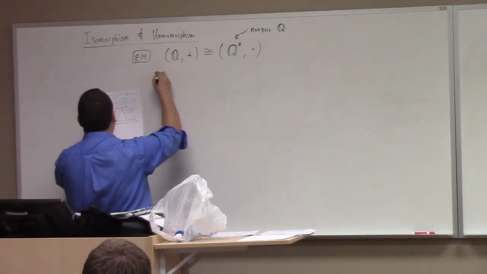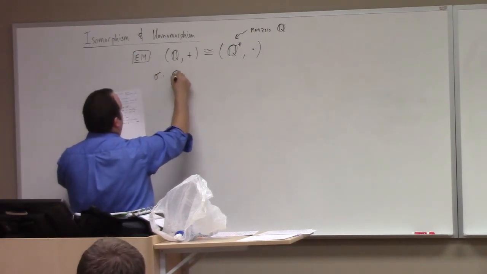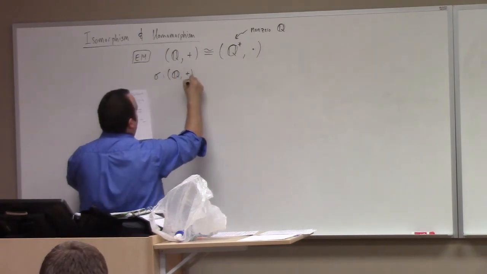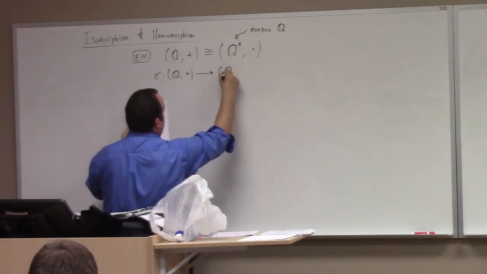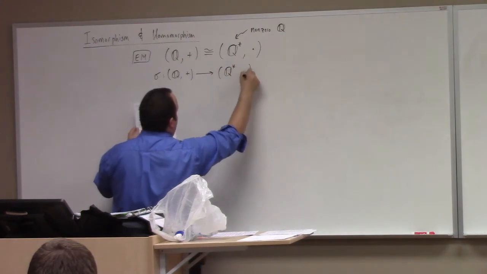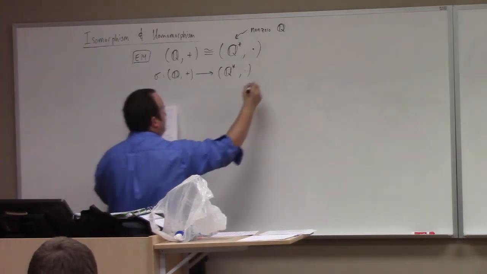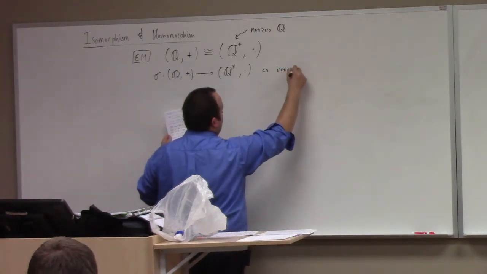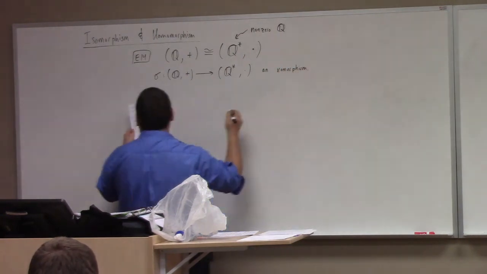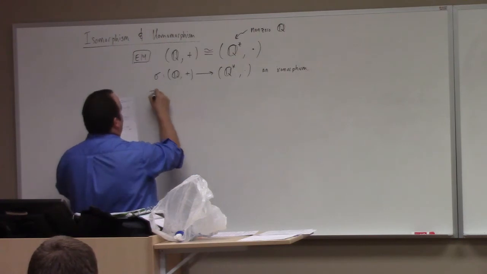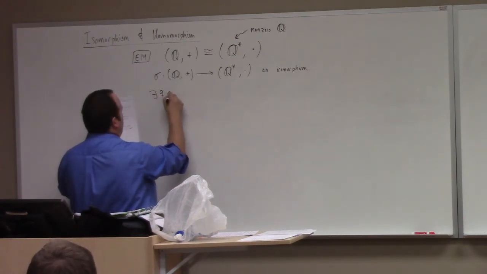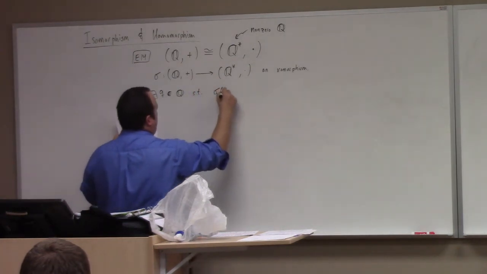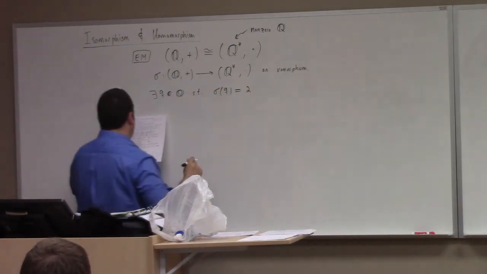So we assume that we've got sigma from the rationals under addition to the non-zero rationals under multiplication, an isomorphism. And we're going to prove that that produces a contradiction. All right, so there has to exist some rational number q such that sigma of q is equal to 2.